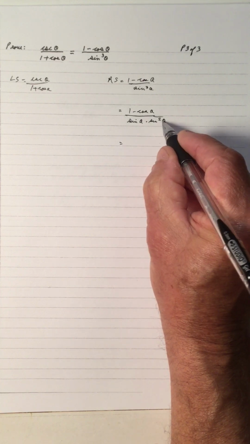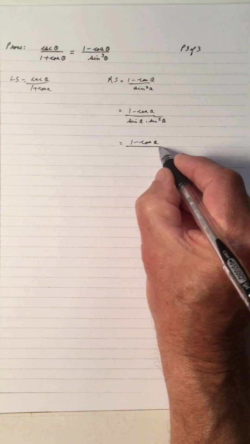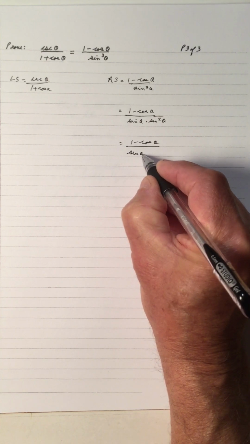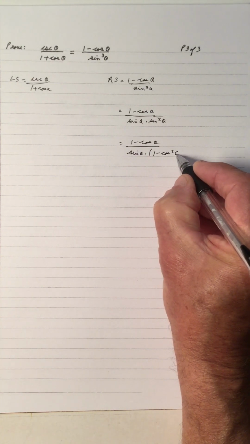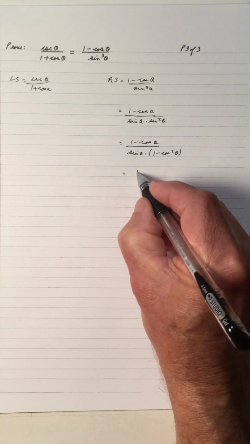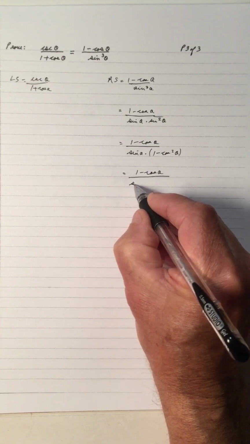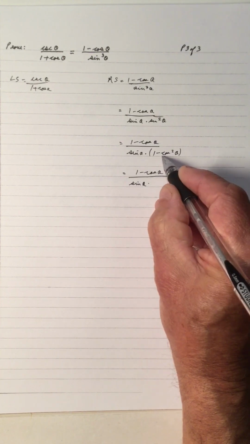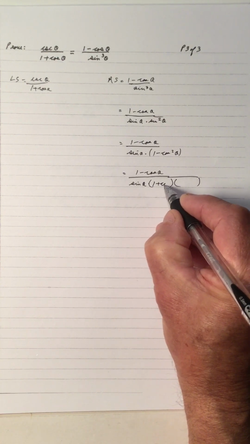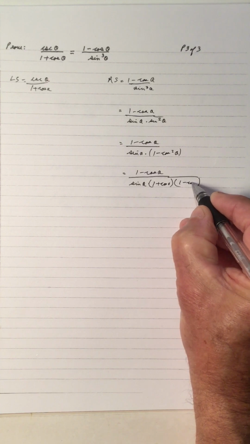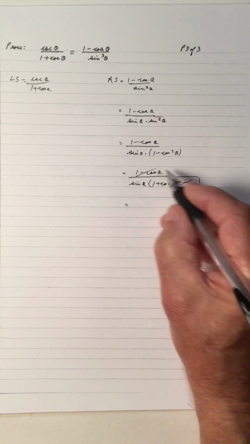The sine squared theta can be changed into 1 minus cos squared, from the identities. So we have 1 minus cos theta over sine theta times 1 minus cos squared. This can be factored because it's the difference of two squares into 1 plus cos and 1 minus cos. And hence the 1 minus cos factors cancel out, since they're the same.